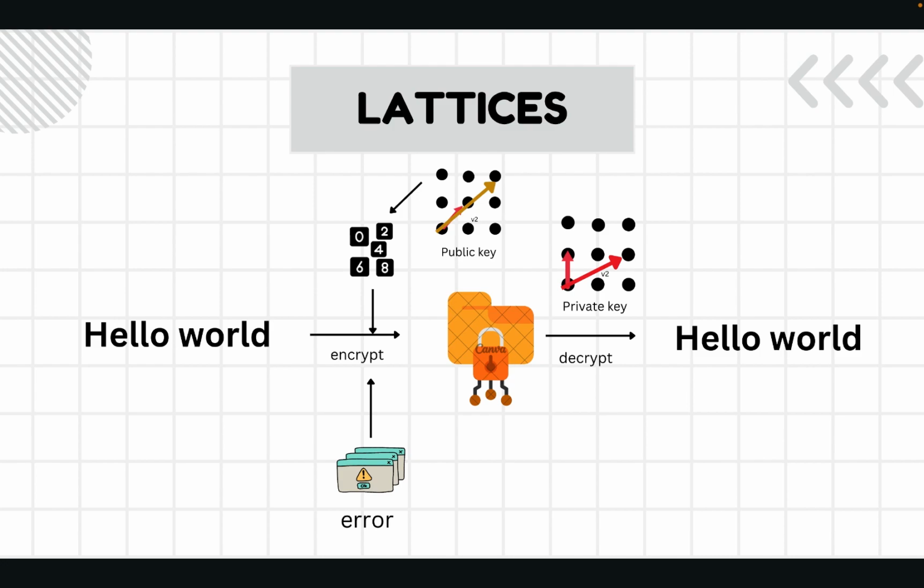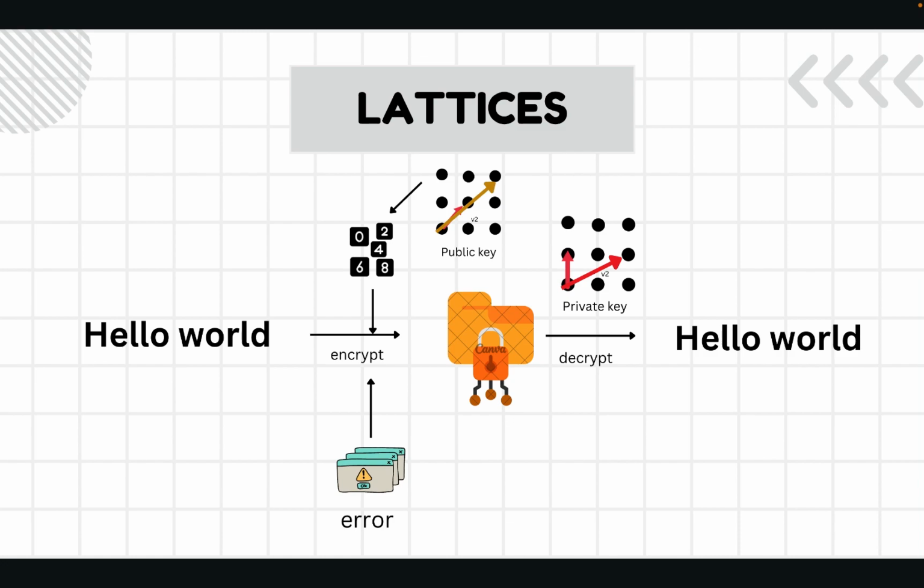The encrypted message can be transmitted over the public channel. During the transmission, errors can occur, represented by the trash can icon. However, the cryptographic scheme is designed to tolerate a certain level of error. And for the private key decryption on the right, the encrypted message is received and decrypted using the private key.